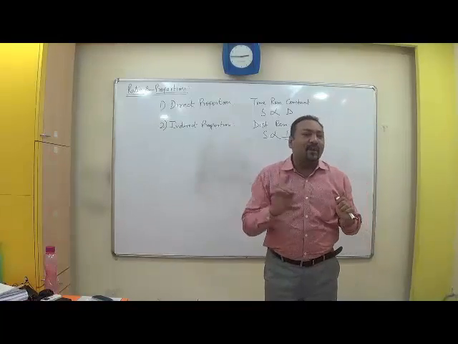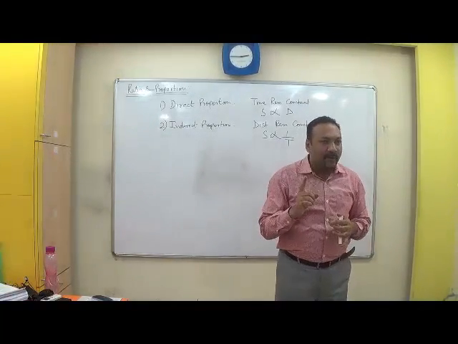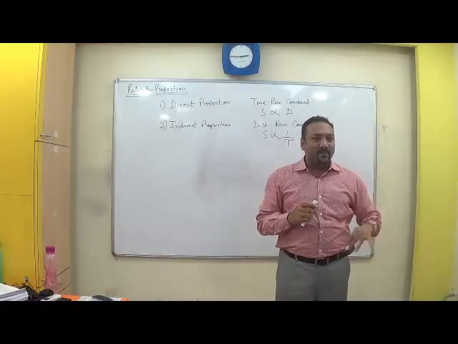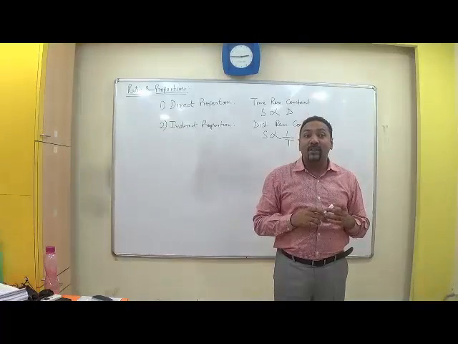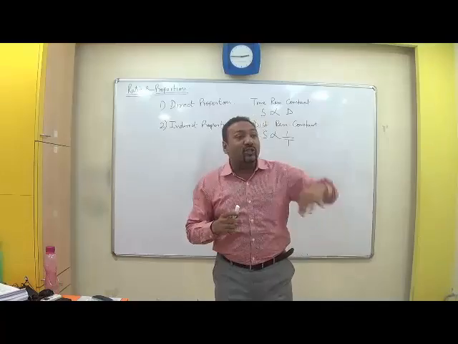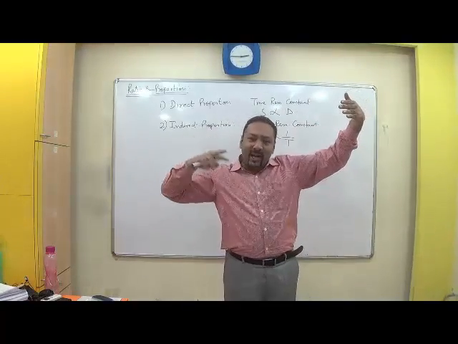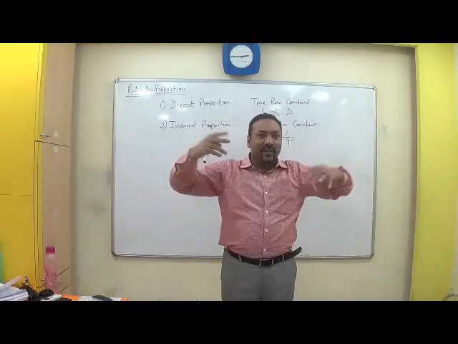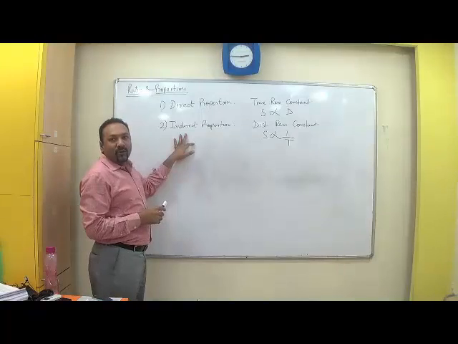If I travel at a speed of 100, how much time do I take? 1 hour. If my speed goes half, 50, time taken is 2 hours. If my speed goes double, 200 kilometers an hour, time taken goes half. Clear? Seesaw. That is indirect proportion.